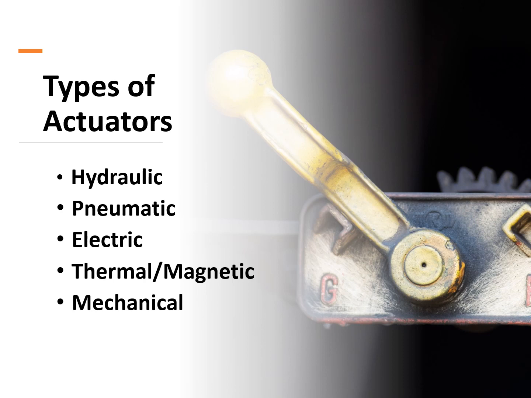Pneumatic. This type of actuator uses the energy of compressed air to produce linear or rotary motion. It is mostly used with a valve to quickly open or close a diaphragm to enable the start or stop of the fluid flow. Electric.